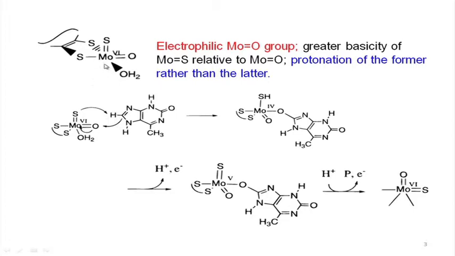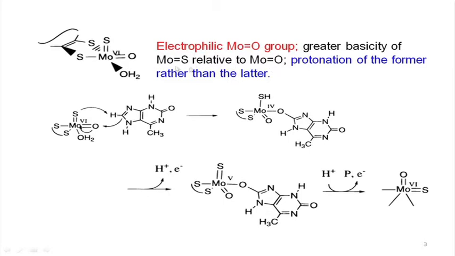What we will see is that you have the sulfur double bond with the molybdenum 6 and the oxygen double bond to the molybdenum center, and the electrophilic nature of the molybdenum oxygen group can control the reactivity pattern for the center, and the greater basicity of the molybdenum double bond S relative to the molybdenum double bond oxygen is important.